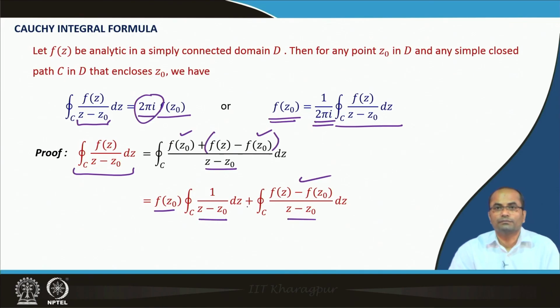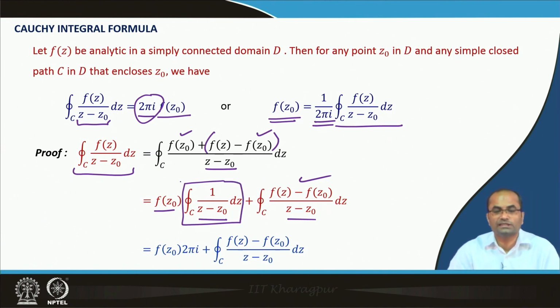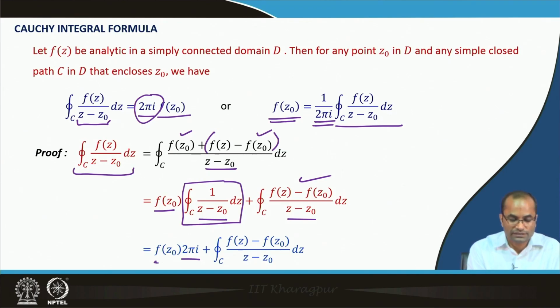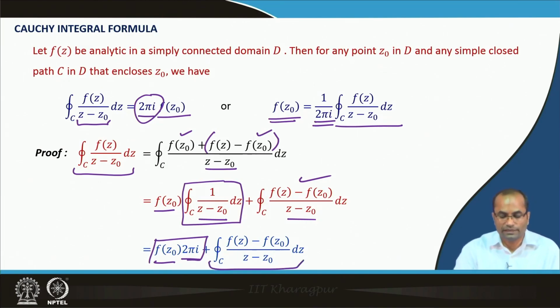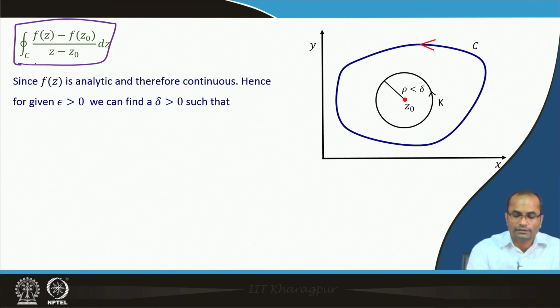So, we have broken this integral into two parts, and we already know the result from previous lectures, that the integral of 1 over z minus z0 dz was 2 pi i. So, the first integral we have evaluated already: it is f(z0) times 2 pi i. The second integral over this closed curve C, of f(z) minus f(z0) over z minus z0, we will evaluate now. So, we have the situation that we want to evaluate this integral, and we consider now the situation around this z0.